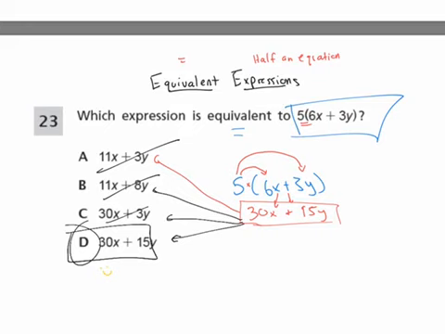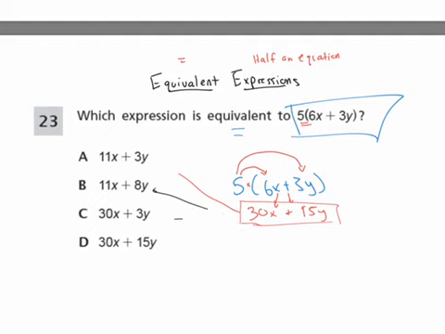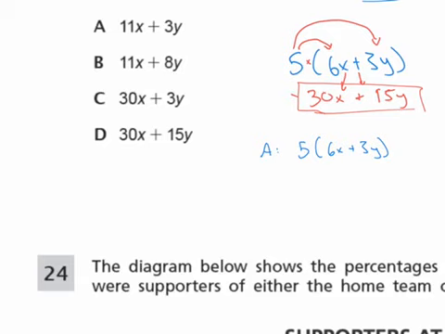Let's think about why they might have put these other answers in, because it'll help us understand what you could do wrong. For A, you'd basically have to completely ignore the fact that we have parentheses here, and then magically make up parts of this equation that didn't exist.